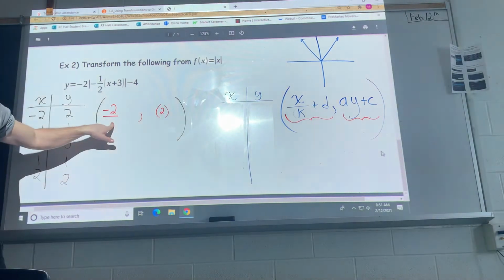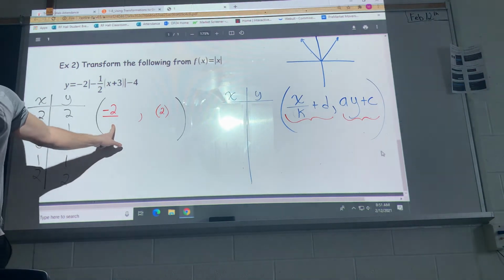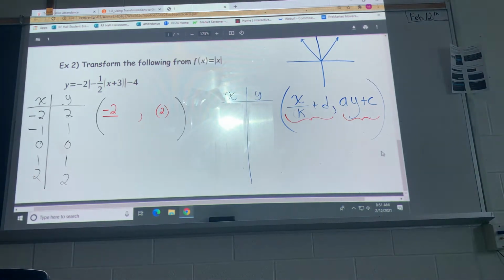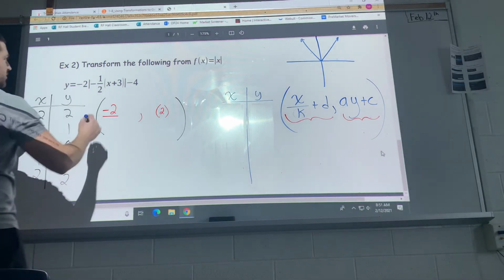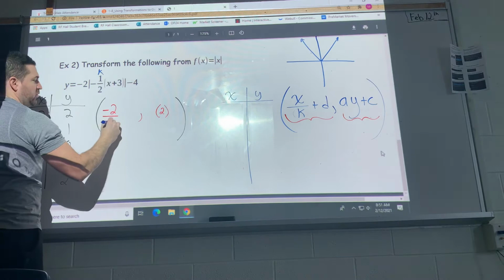What is our K value, guys? What's our K value? -0.5, thank you. So our K value is here. So this is our K. So -0.5.